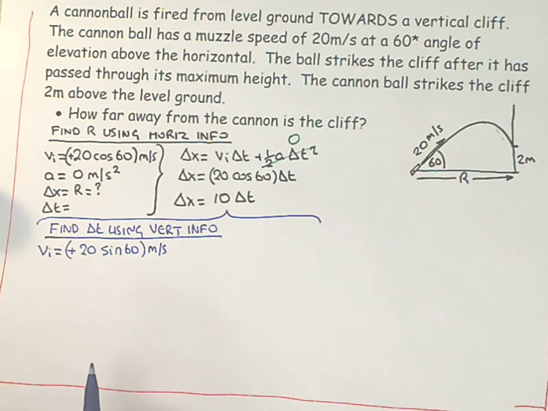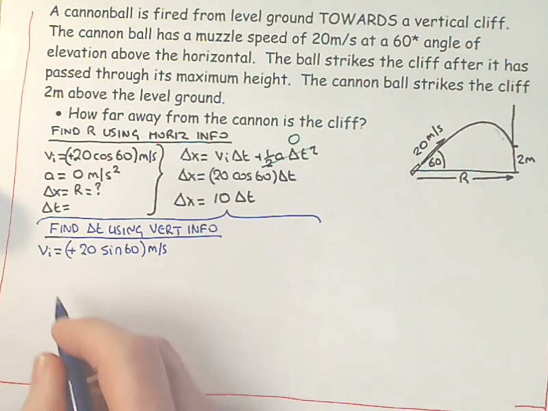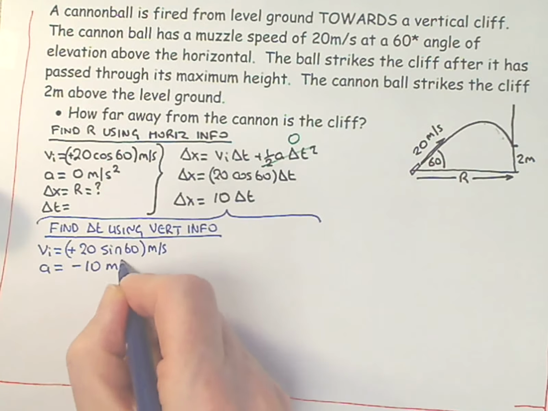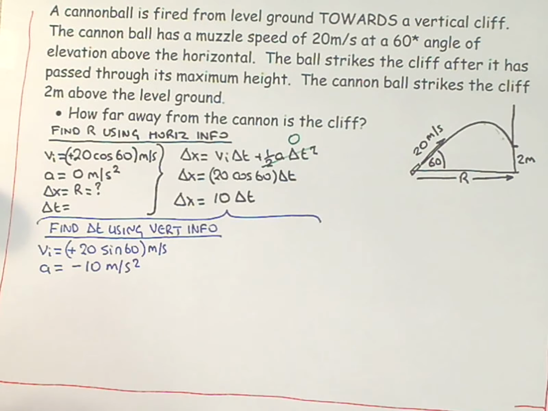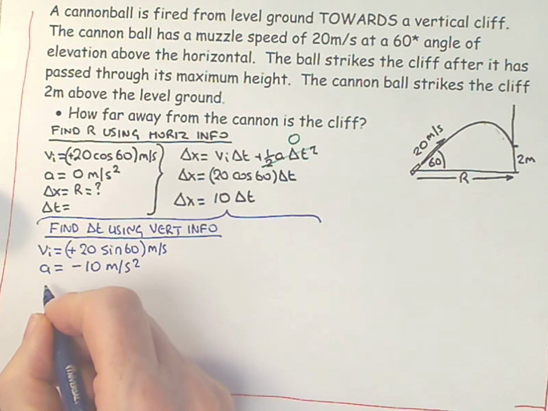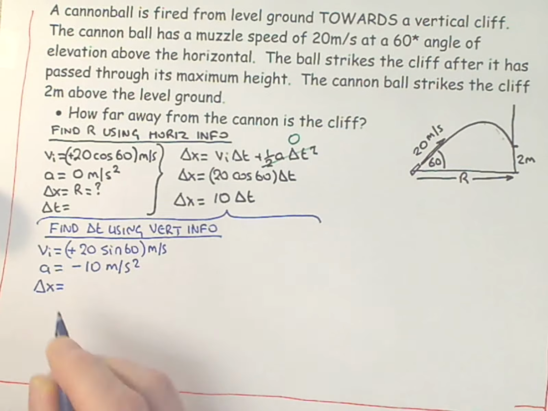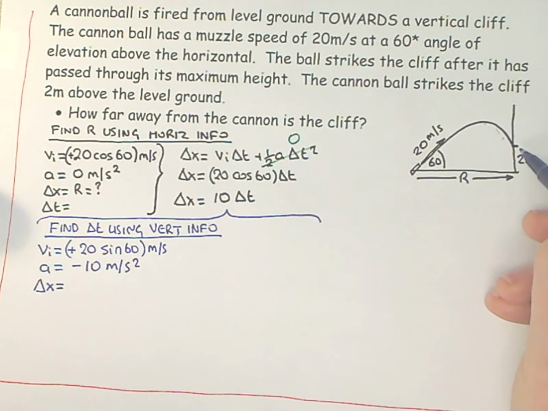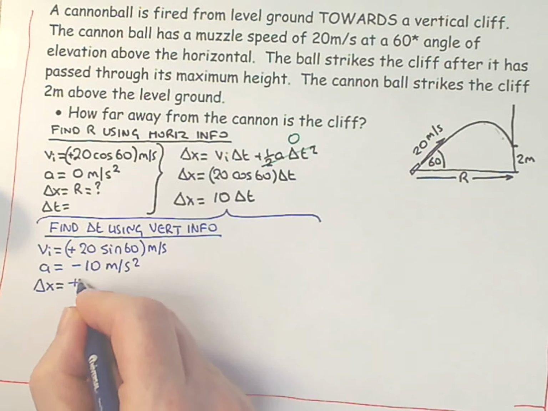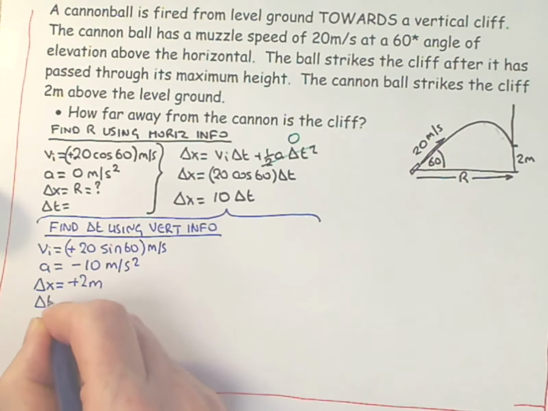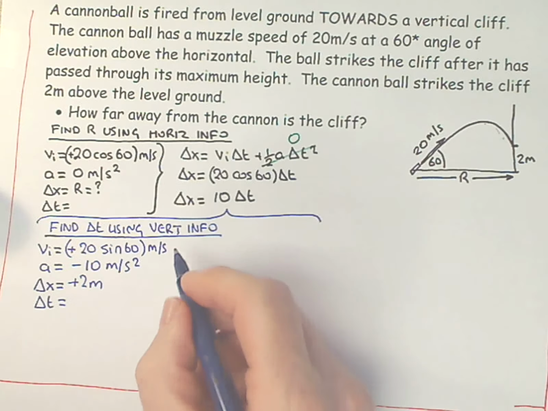It's plus because it's upwards, and it's 20 sine 60 because of the trig. And then my a is equal to minus 10 meters per second squared. And I know my displacement: I start off at the bottom and I end up 2 meters higher, so that's plus 2 meters. And I want to find my delta t, my time interval.